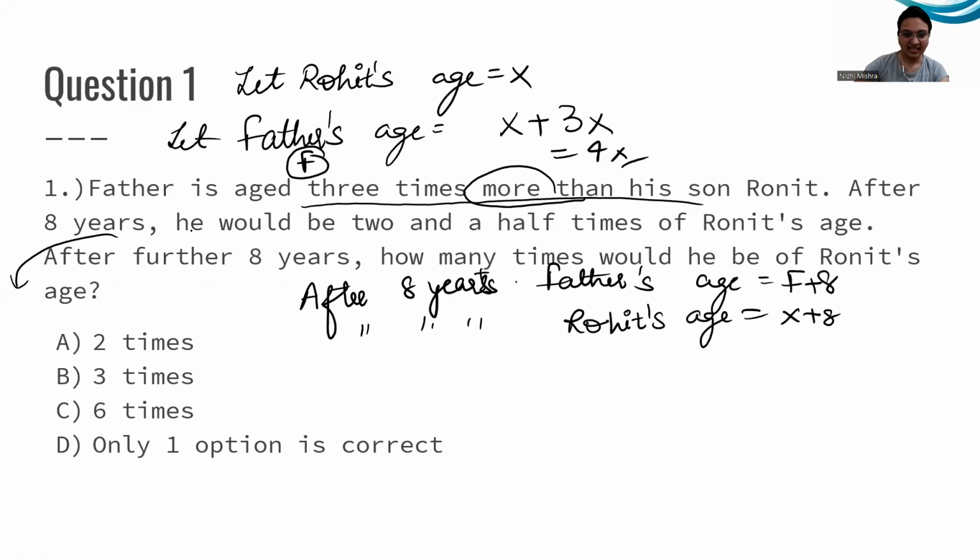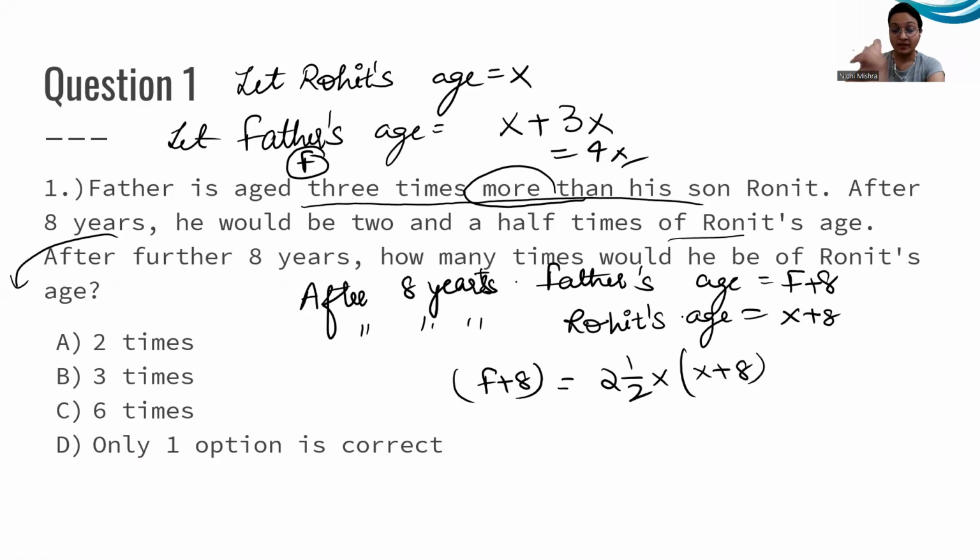Correct? Now, after 8 years, he would be 2.5 times of Rohit's age. Means after 8 years, father's age, which is F plus 8, is 2.5 times Rohit's age, which after 8 years is x plus 8.